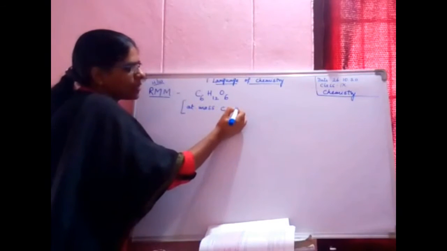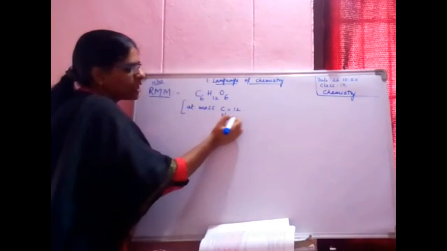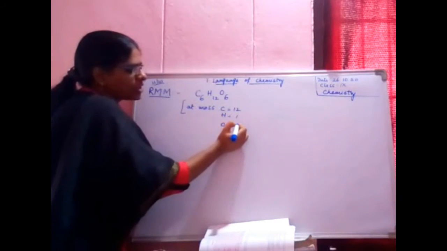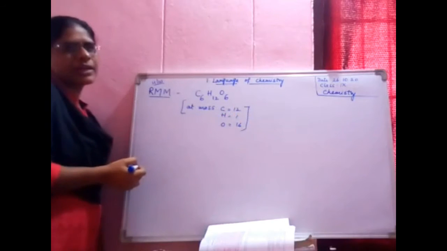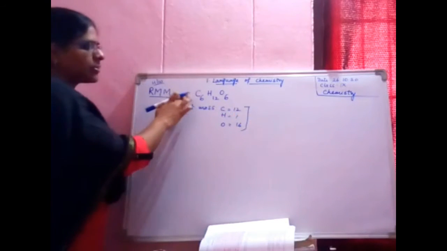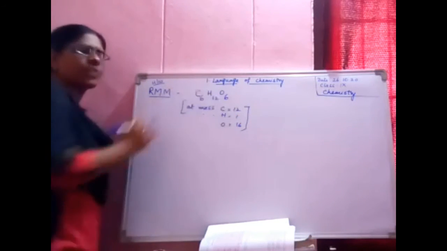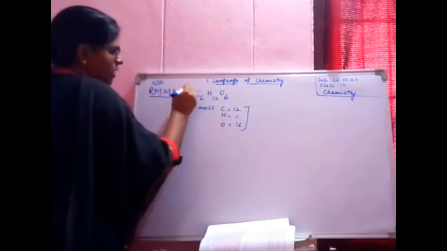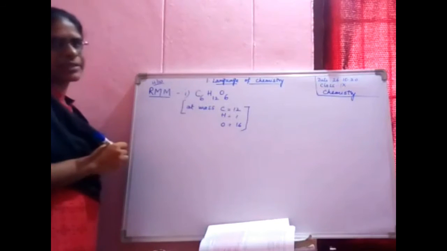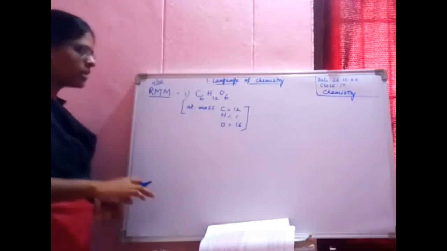Carbon is 12. Hydrogen is 1. Oxygen is 16. Okay? Calculate the RMM of C6H12O6. This is one example to solve. Okay?